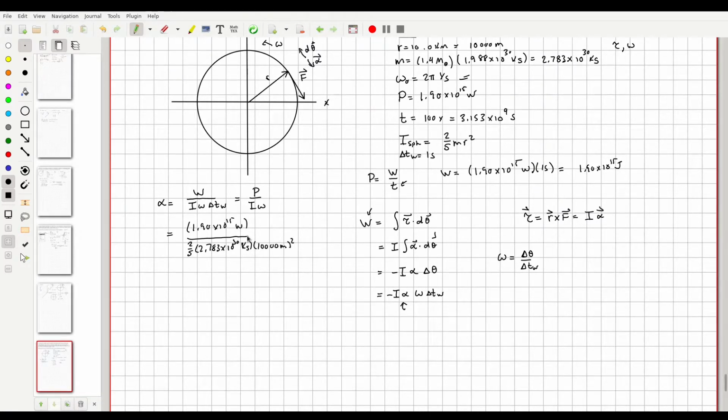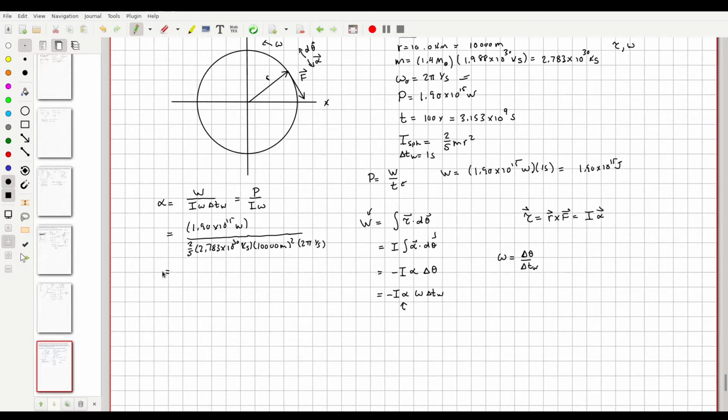Got to square that. So that's I. And then we have omega. Omega is 2 pi radians per second. Now, all this is, again, operating under the assumption that there is no appreciable change in velocity that's happening because of the mass of this thing, which is reasonable.